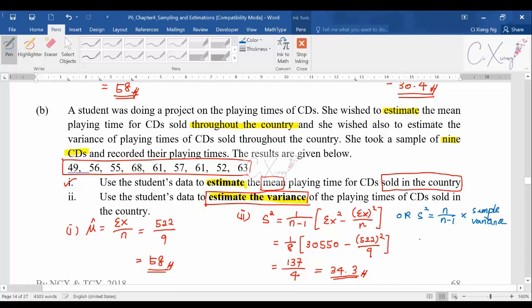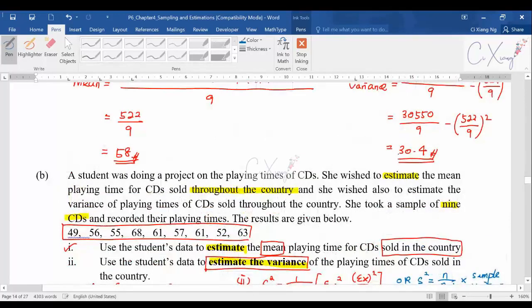For this question itself, the 9 CD become a sample, right? Because it is a smaller group, and you want to use this smaller group variance to calculate the population one. So you can also use this formula, which is n, 9, divided by n minus 1, which is 8, multiplied with the sample variance. What is the value for sample variance? It is the variance that you calculated just now on top.